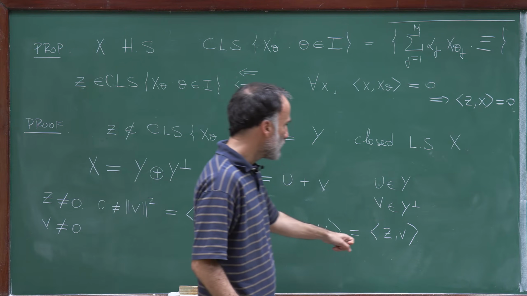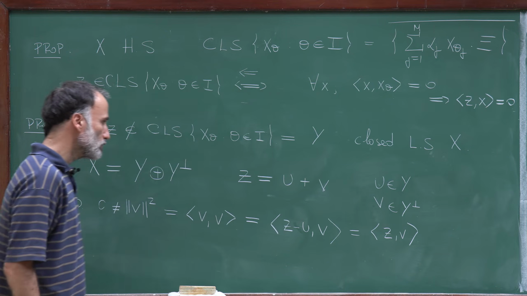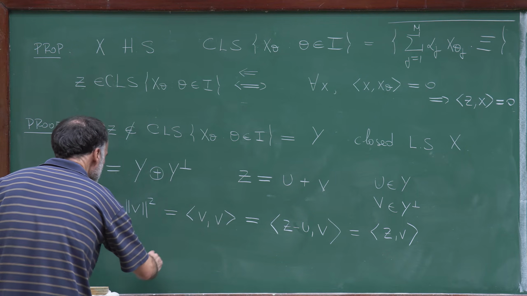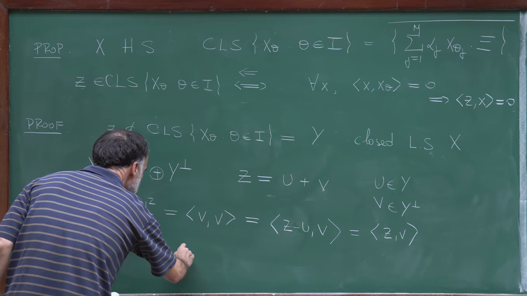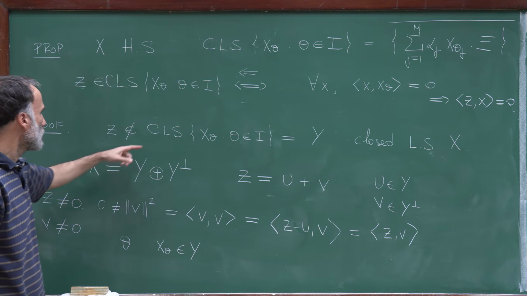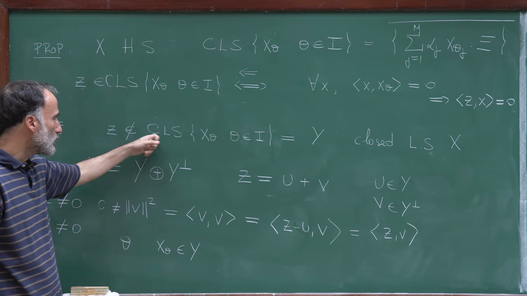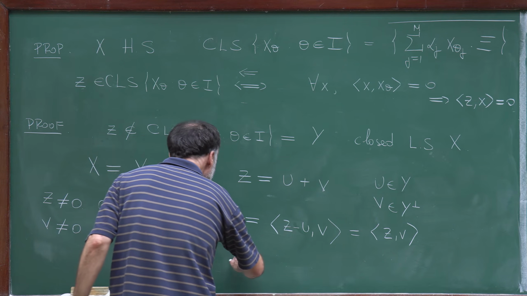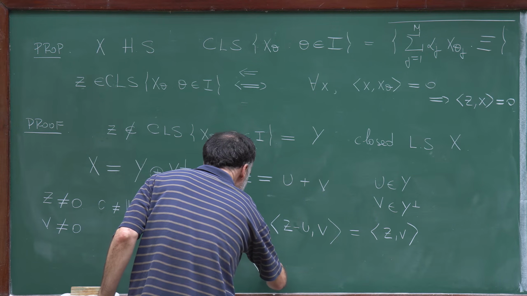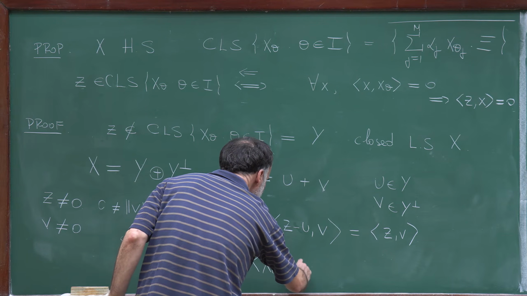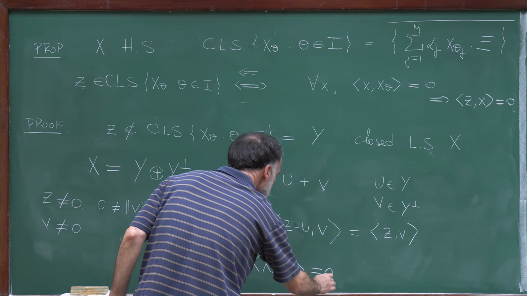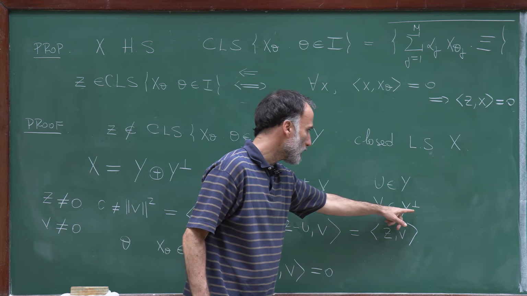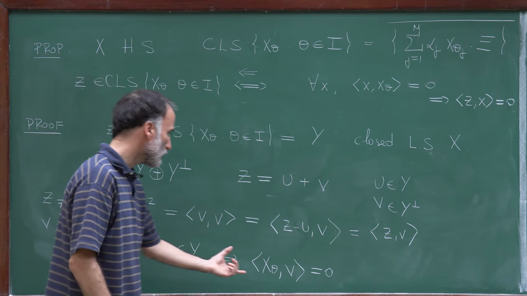So Z and V are not orthogonal. However, if you take any theta, x_theta belongs to Y, right? Because Y is the closed linear span of these sets, so each of these elements belongs to Y. And therefore, the scalar product of x_theta with this element V is 0, because x_theta belongs to Y and V belongs to Y orthogonal, and therefore they are orthogonal.